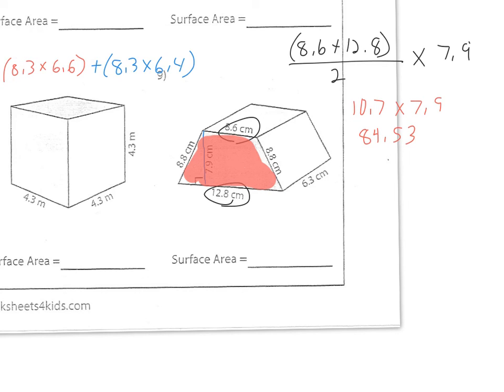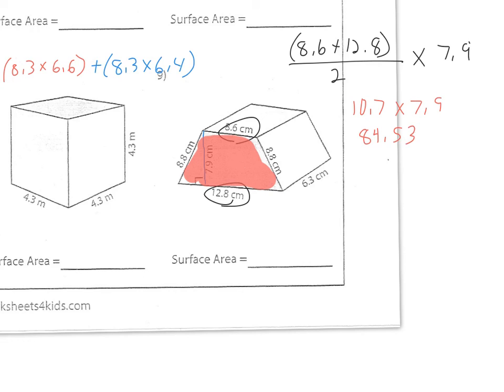Now notice, I know it says to round to the nearest tenth on all of these, but you only want to round the last answer. I don't want to round this answer and then round again later and then round again later. You want to only round once, because that'll give you the most accurate answer possible. Then all you've got to do is find the area of the rectangles. Or excuse me, I'm going to almost skip a step there.